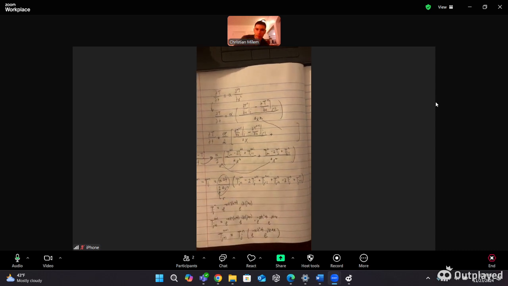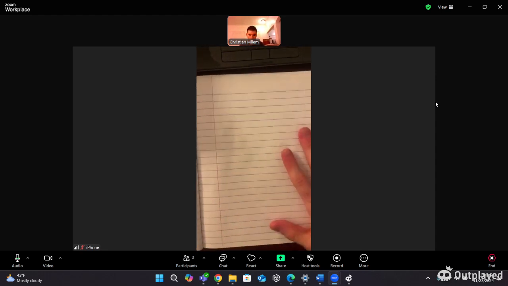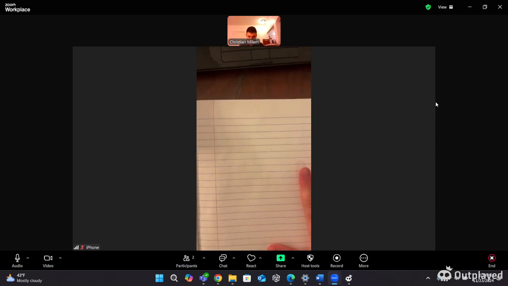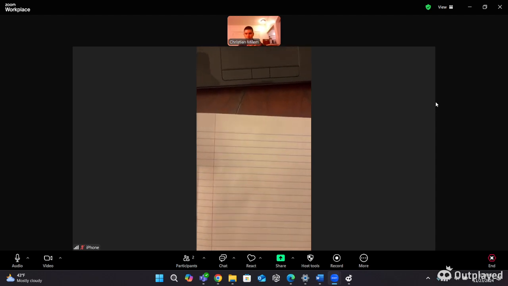Okay, so we take this basically principle, and we want to separate all of our n plus 1 terms to one side and just n terms to one side. So what we'll do is straighten this out.